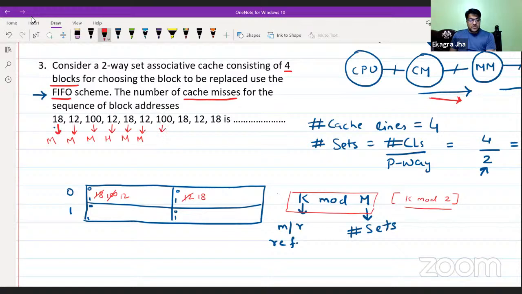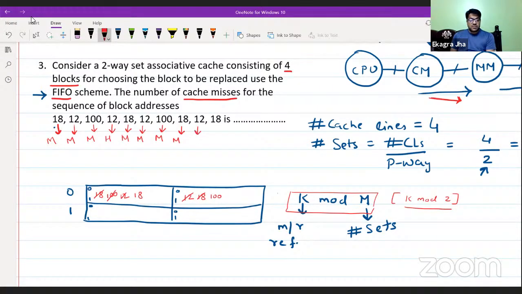Next time there's a reference of 100. So certainly it's again a miss operation. But among 12 and 18, 18 has a longer timestamp. So 18 got overwritten by 100. Next time, the memory reference 18 is going to be a miss operation. But among 12 and 100, 18 is going to replace 12.